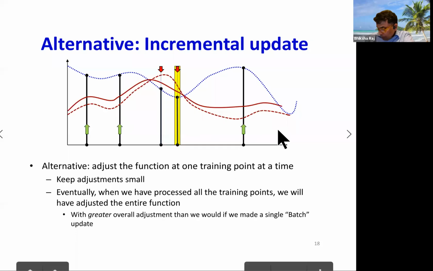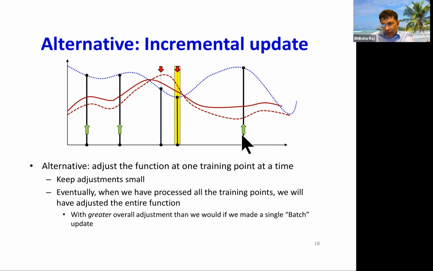So in one pass through the data, if you have T training instances, you will actually make T updates as opposed to just a single update after processing the entire training data. And because you're making so many more updates, the overall effect can actually be greater than what you would get with a batch update.